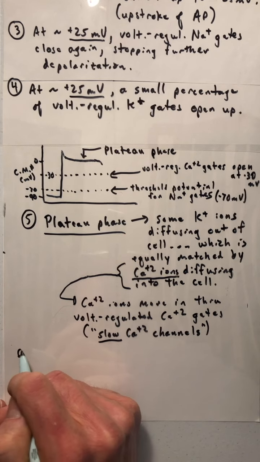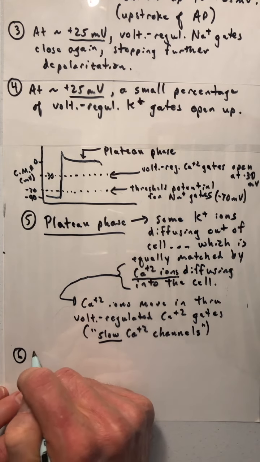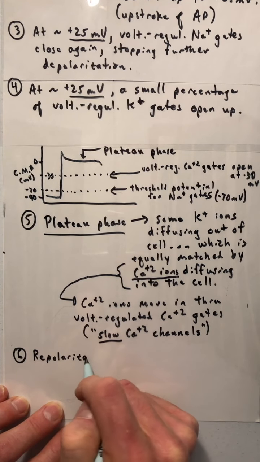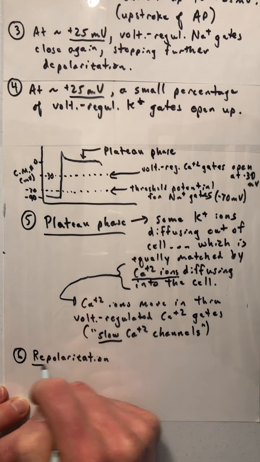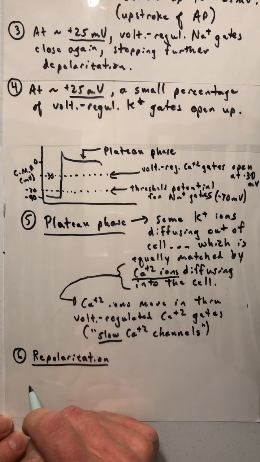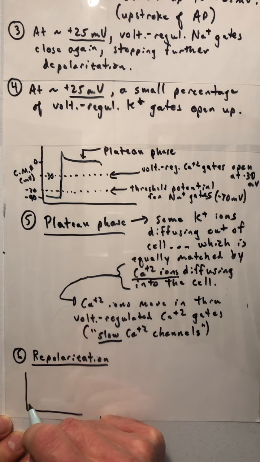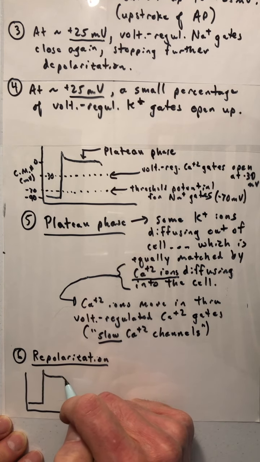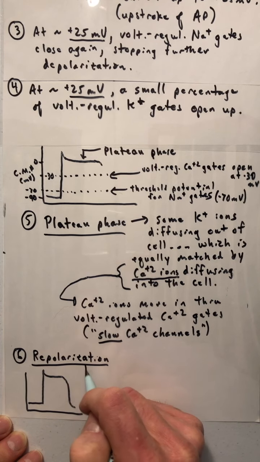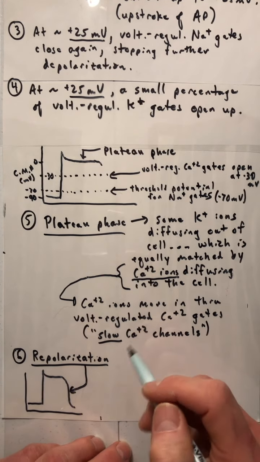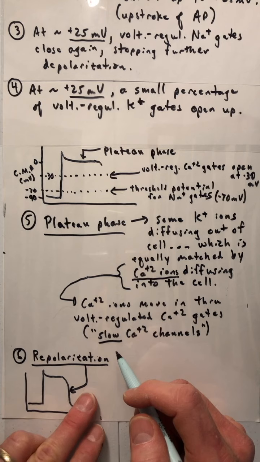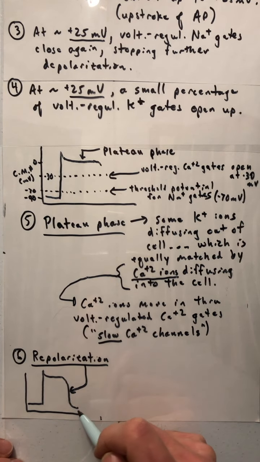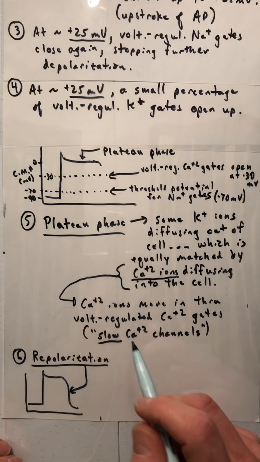Eventually, we undergo the last step here, which I'm going to call repolarization of the cell membrane. When we're looking at a graph of all of this, we've been through the upstroke and the plateau phase. Now we're talking about this return back to resting state, this repolarization. And that is an instance where the cell membrane potential is getting closer down to potassium's equilibrium potential, which is minus 94 millivolts.